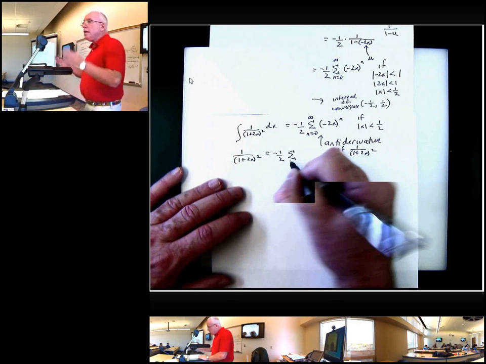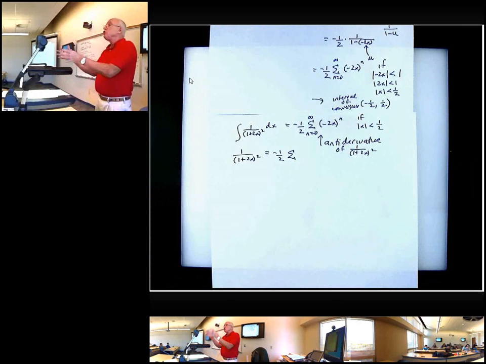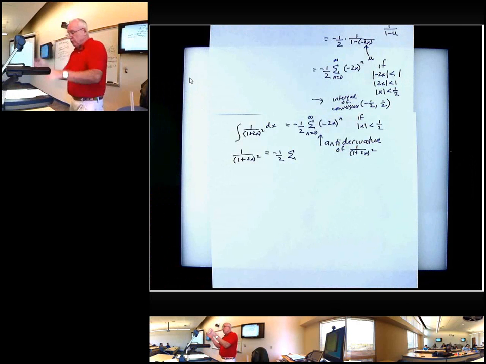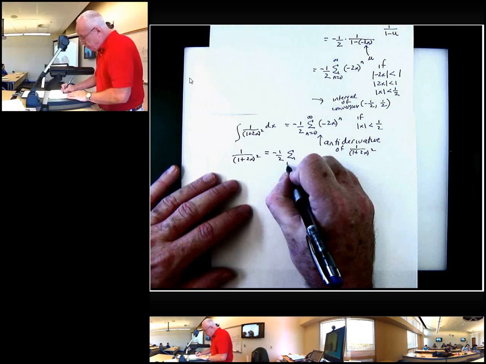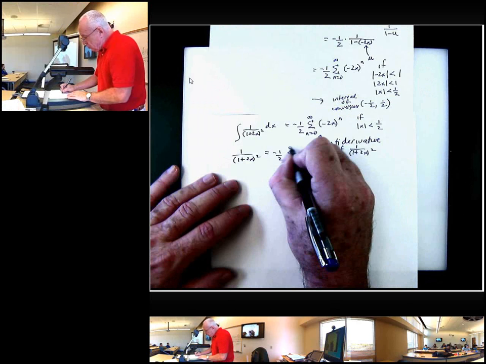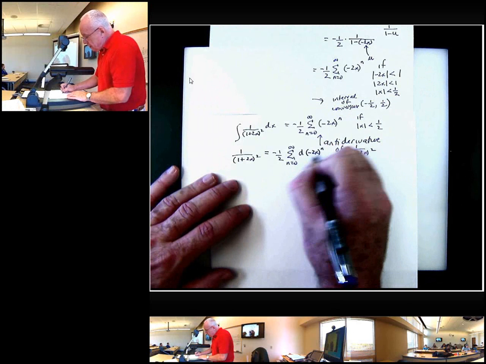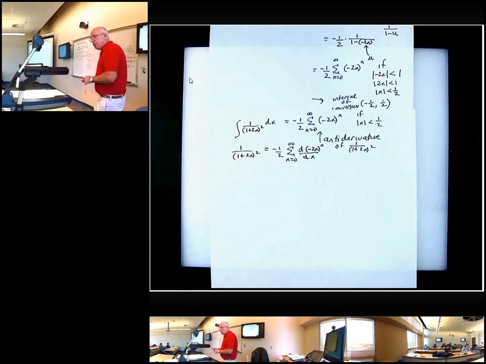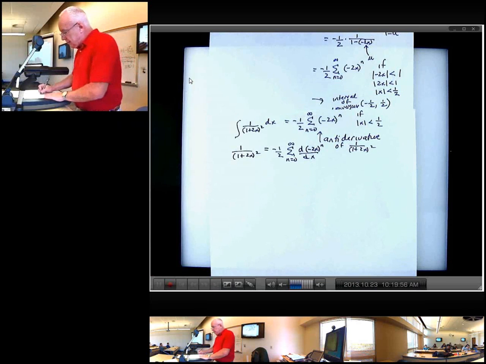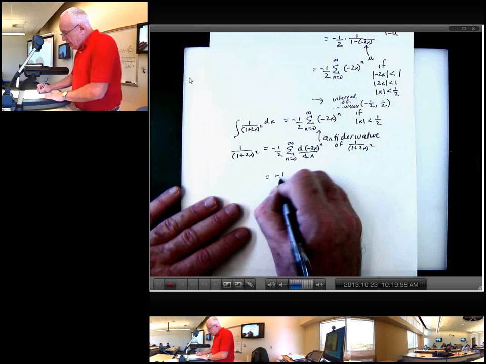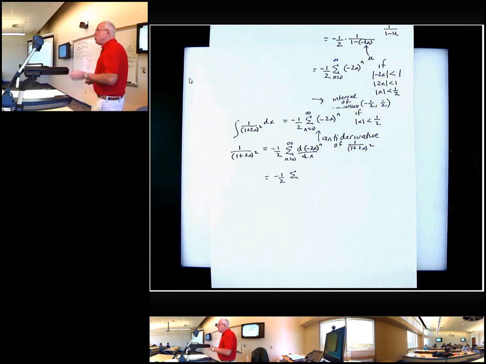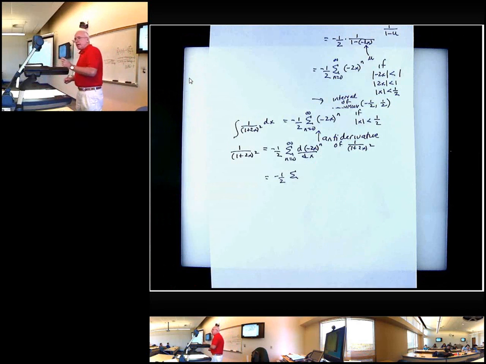Now remember, we can take the derivative term by term, right? So let's do the summation, and we're going to find the derivative of minus 2x to the n power dx. We can do it term by term. Now the easy way to do this inside is to separate out the minus 2 from the x.